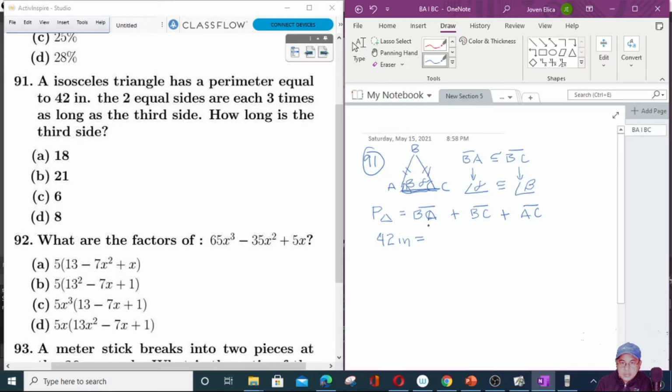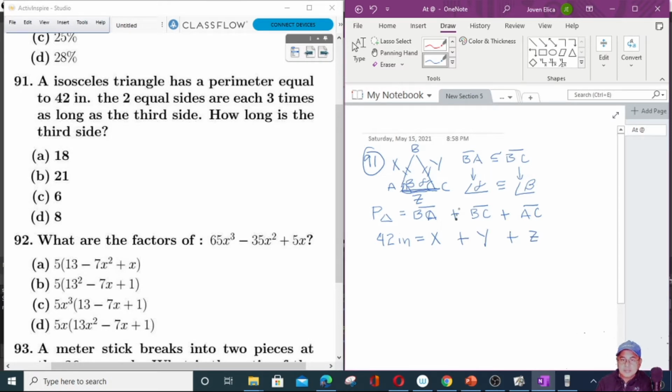So we will define these segments. Let me let BA be X, and I will let BC be Y, and I will let this segment AC be Z, just for simplicity.